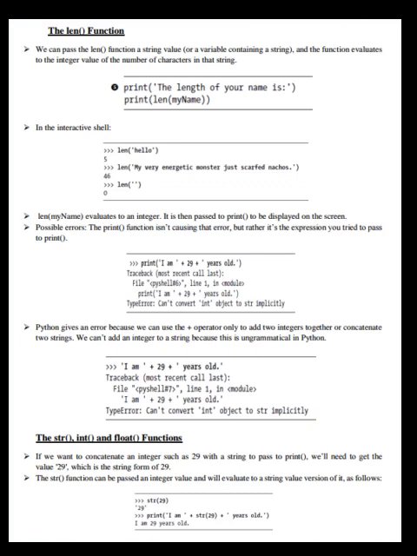See the figure here. The str, int and float functions. If we want to concatenate an integer such as 29 with a string to pass to print, we will need to get the value 29, which is the string form of 29. The str function can be passed an integer value and will evaluate to a string value version of it as follows.